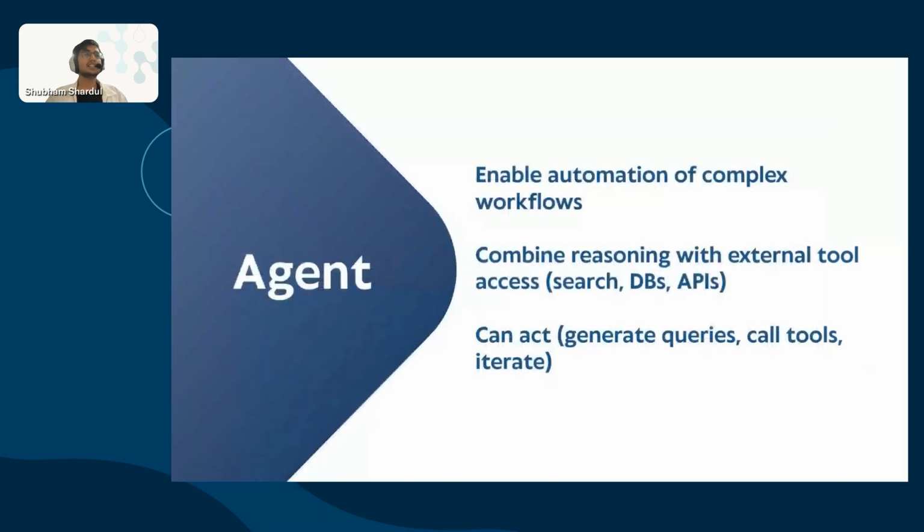So what an agent does is enable automation of complex workflows. It combines reasoning with external tool access. So it can act and generate queries, it can call tools, and it can iterate again and again until it reaches the conclusion that the answer it is providing is in context to the question.